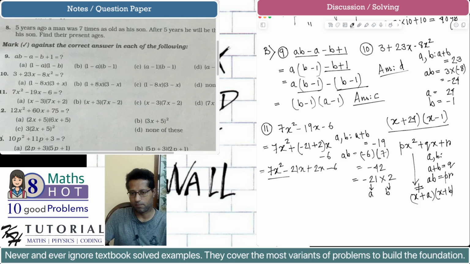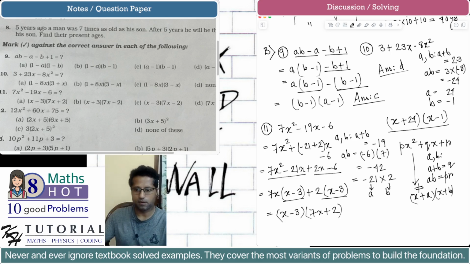The first two terms make the first group, and the last two terms make the second group. From the first group I have a common factor of 7x, and it becomes 7x multiplied by x minus 3. From the second group I have a common factor of 2, so it becomes 2 multiplied by x minus 3. Now x minus 3 is a common factor in the two groups, so I factor that out, and the final factorization becomes x minus 3 multiplied by 7x plus 2.